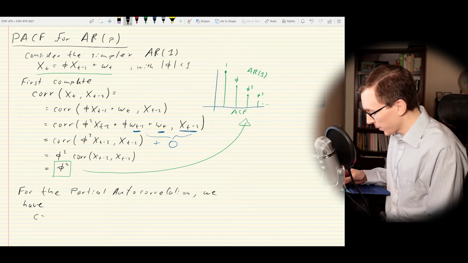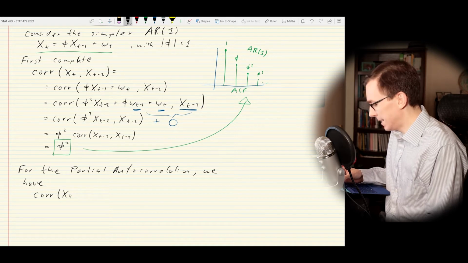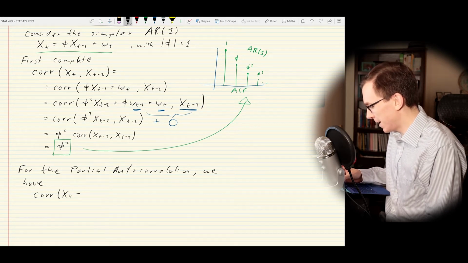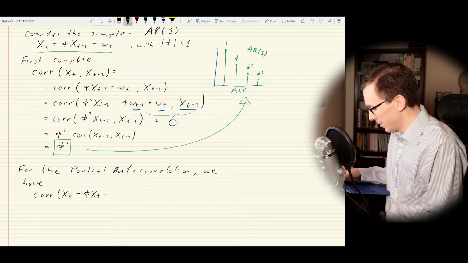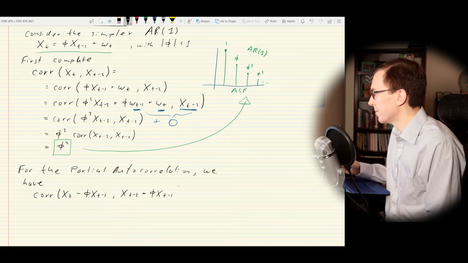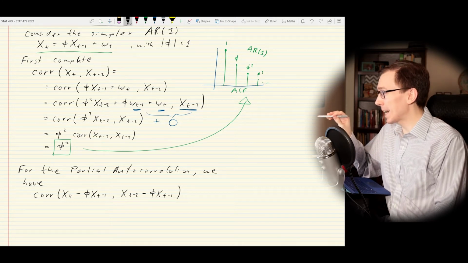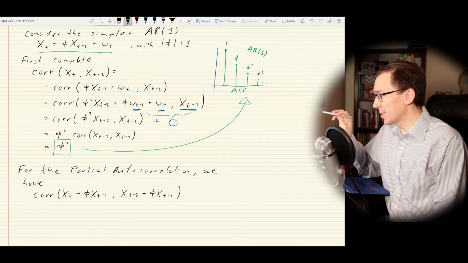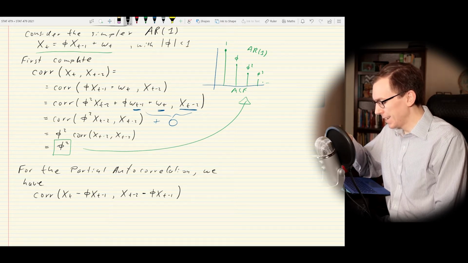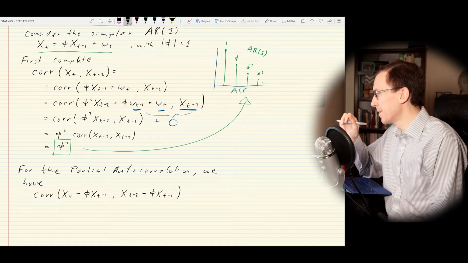We're going to compute the correlation between xt minus phi xt minus 1, and similarly xt minus 2 minus phi xt minus 1. So remember, as I mentioned in the previous lecture, the coefficients we get are going to be the same due to symmetry. So we get a phi in each half of the correlation that we're trying to compute here.